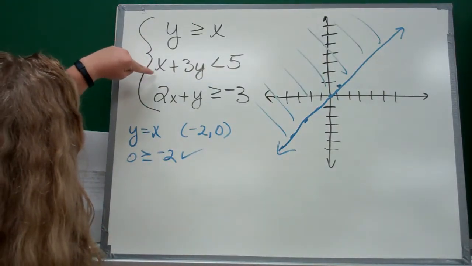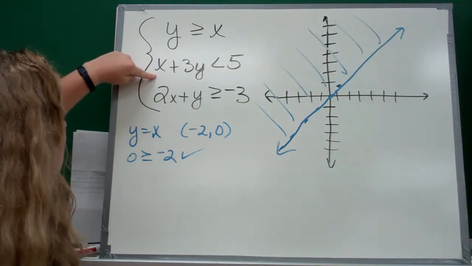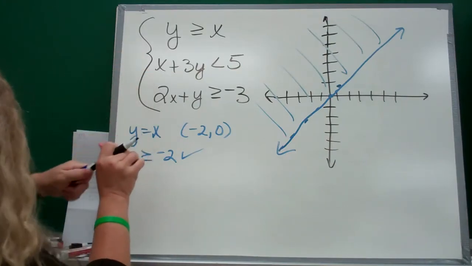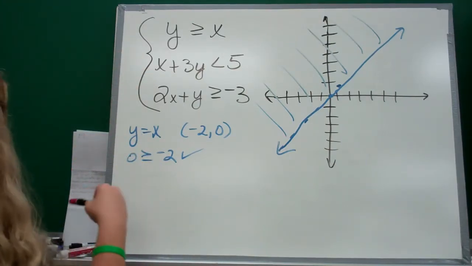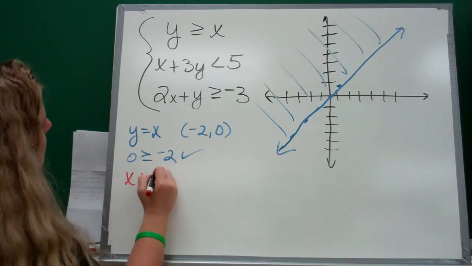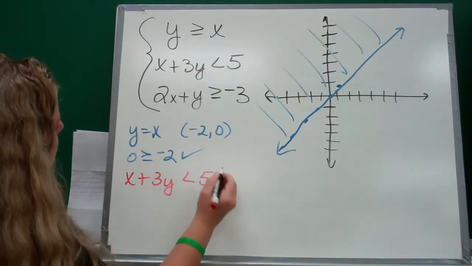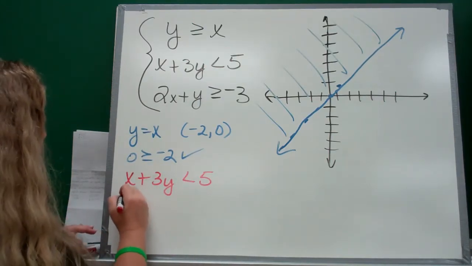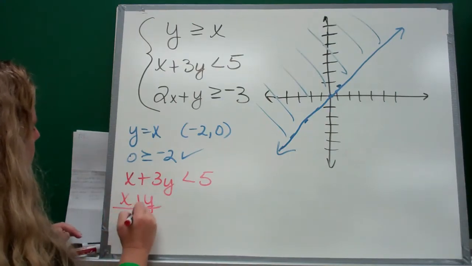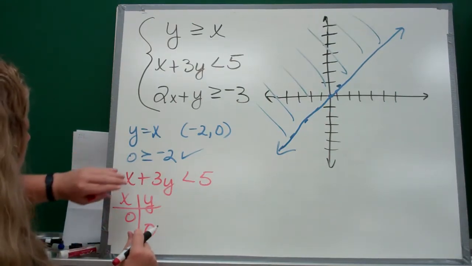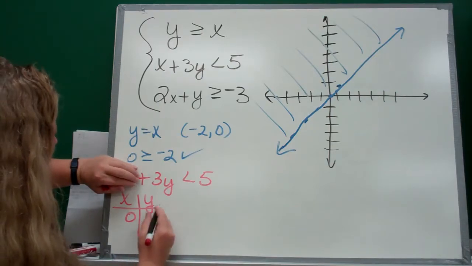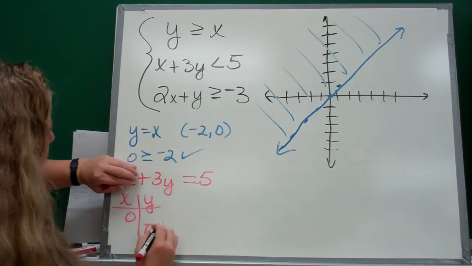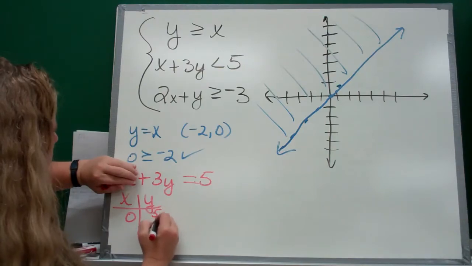Now we have x plus 3y is less than 5. Using your x and y intercepts, when x is 0, y is 5/3.